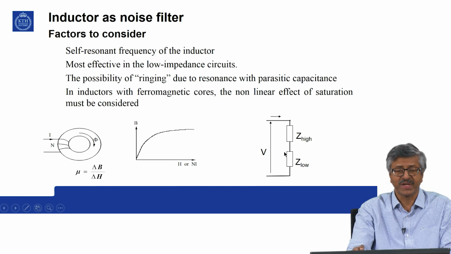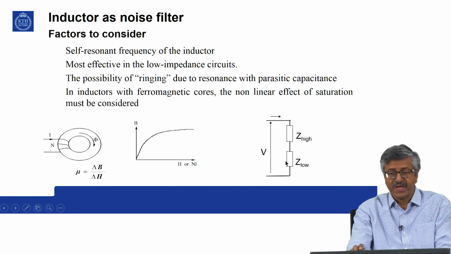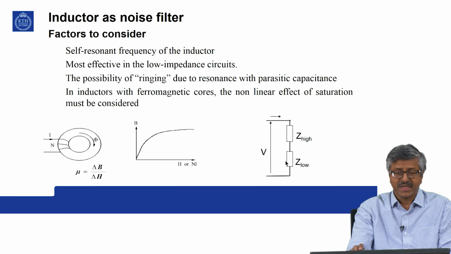So this is most effective in the low impedance circuits. The possibility of ringing due to resonance with parasitic capacitance is another factor to be considered. And in inductors with ferromagnetic cores, the nonlinear effect of saturation must be considered.